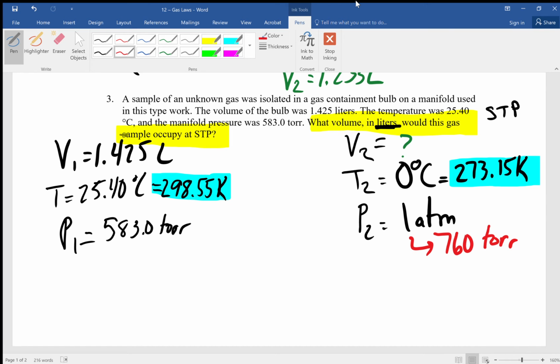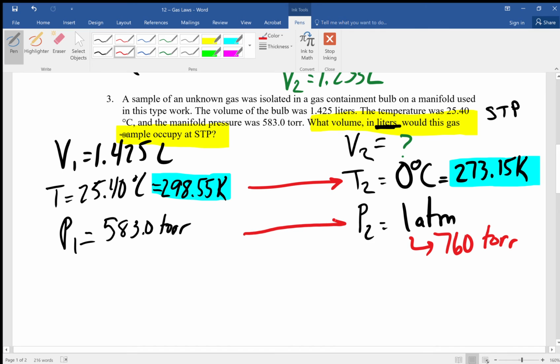Now, can we make any sort of guess as to what's going to happen to the volume? Well, we can see our temperature is going down. If the temperature goes down, that means the volume should also go down. Our pressure is going up. When the pressure goes up, that means the volume should also go down.